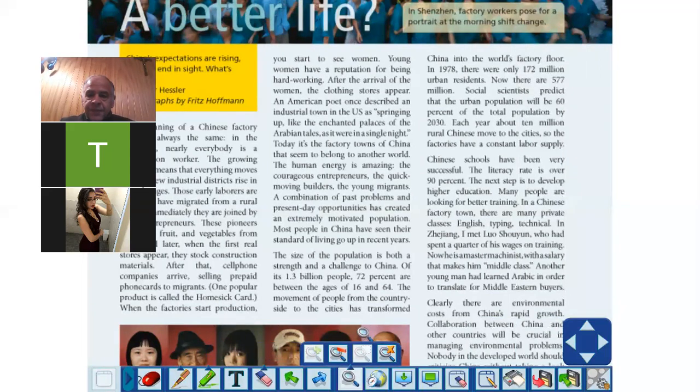In 1978, there were only 172 million urban residents. Now there are 577 million.